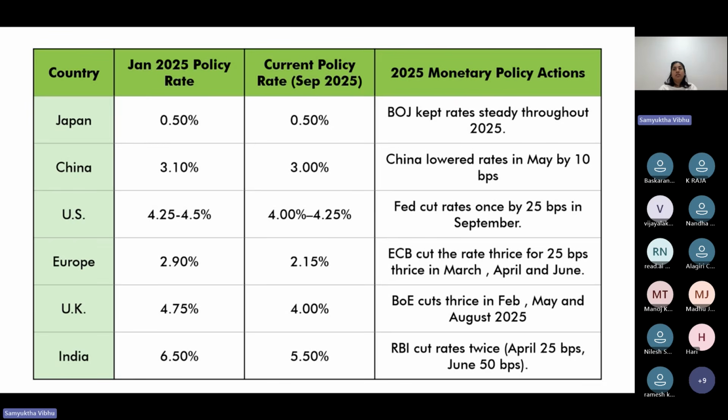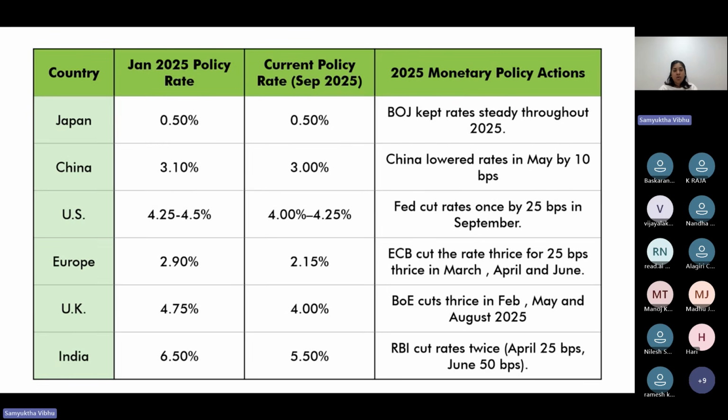The timelines, of course, are a little bit different from the ECB. So we've seen rate cuts in February, in May, as well as in August. So there is a need to support economic activity across Europe, and that has been coming through lower interest rates.